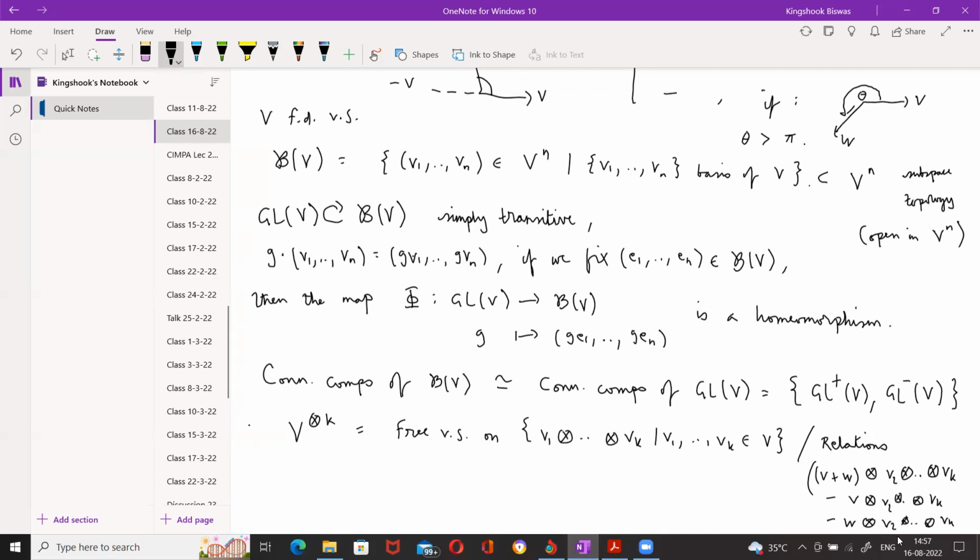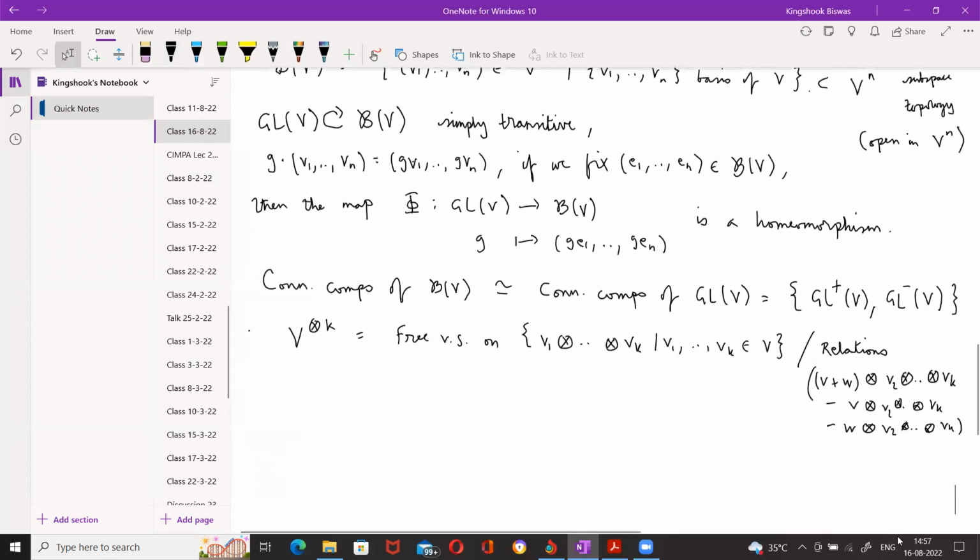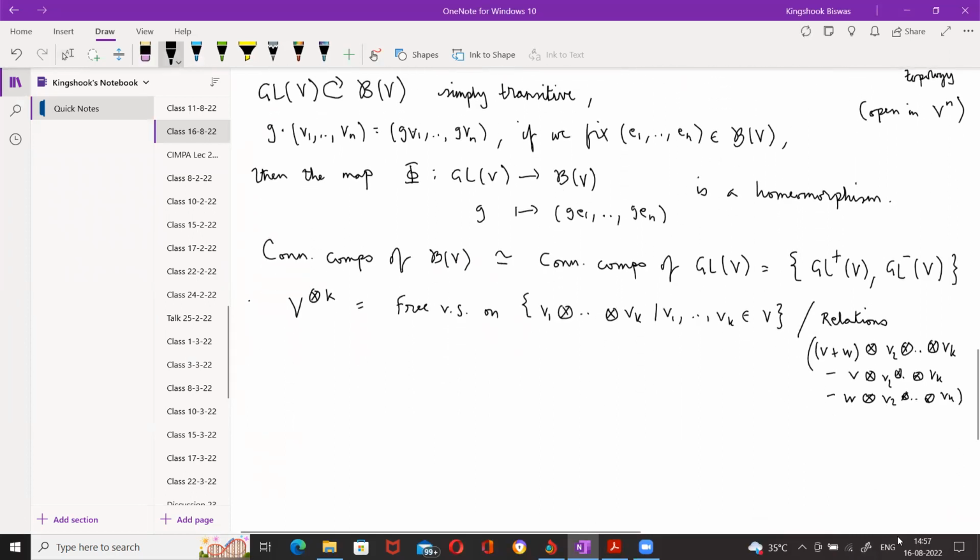That means I look at the subspace spanned by such vectors and I quotient by this subspace, right? I have to do this for each index i from 1 to k. I quotient by all these relations. So that will give you just the tensor product, right?